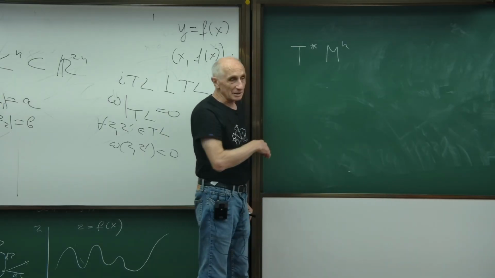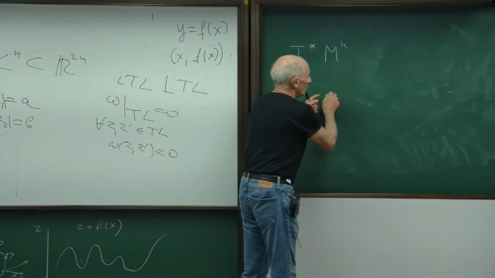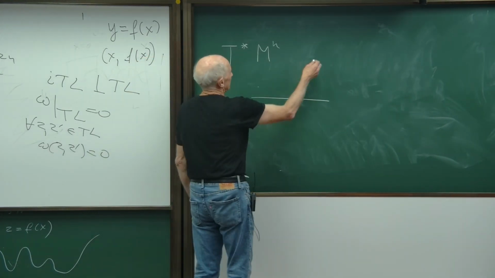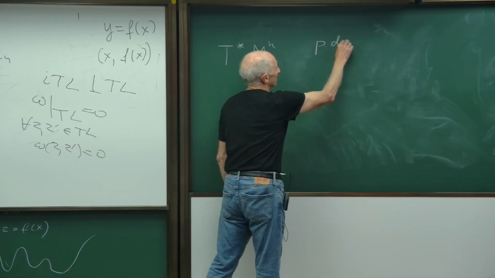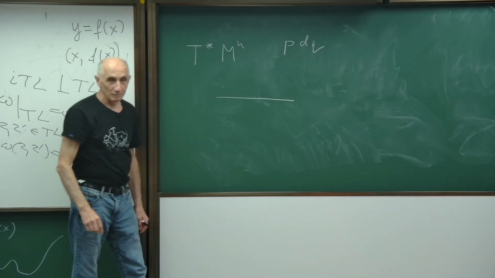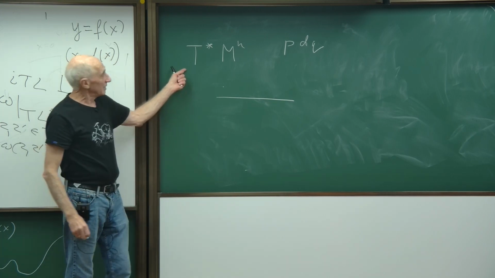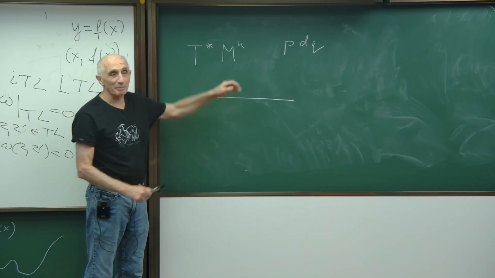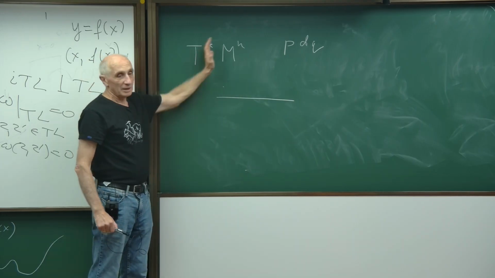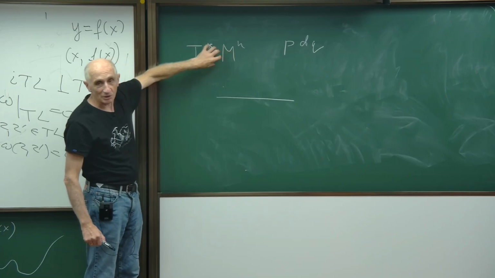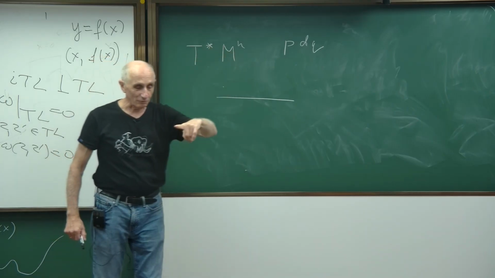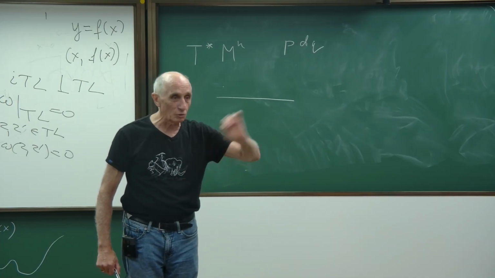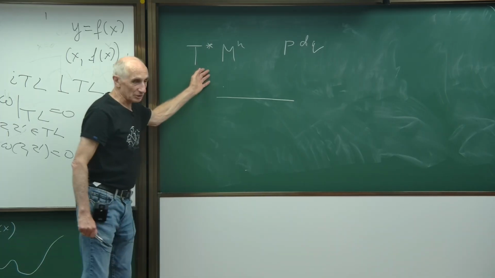The cotangent bundle has a God-given differential one-form, usually called the form p dq in mechanics. In mechanics the cotangent bundle is the phase space of a system: M is the configuration space, and the cotangent bundle is the space of points plus velocity, or rather the dual object, momenta.